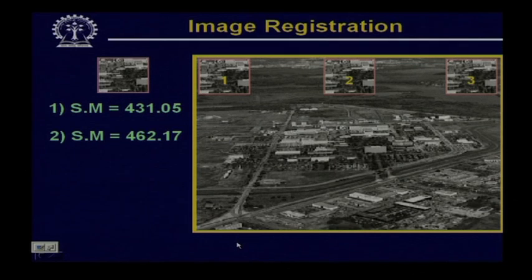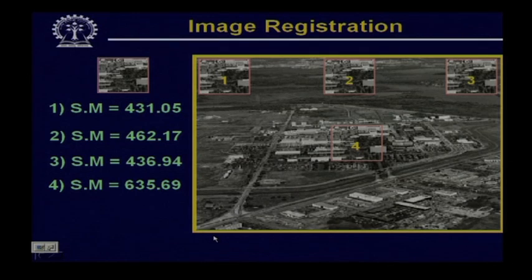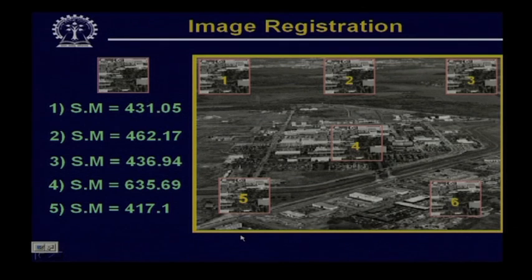At location 3, the similarity measure is 436.94. If I place the template at location 4, the corresponding similarity measure is coming out to be 635.69. At location 5, it is 417.1. At location 6, the corresponding similarity measure comes out to be 511.18.